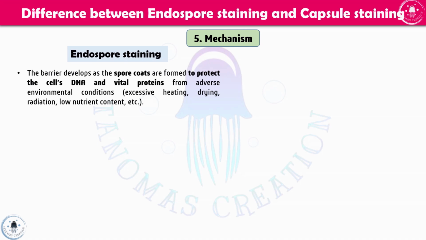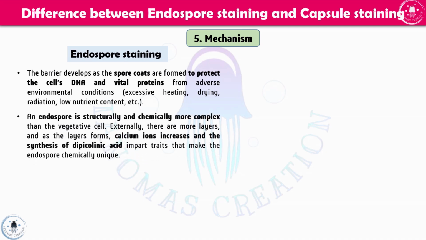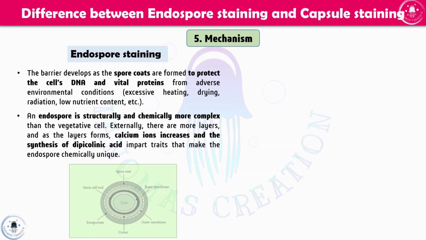So this is what the endospore staining does. As we know, this is the reason behind the formation of the spore coats or spores. Now this endospore which is developed is structurally and chemically a more complex structure than that of the vegetative cells. Externally, if you see, there are more layers. Here in this picture we can see there are so many layers inside, right?